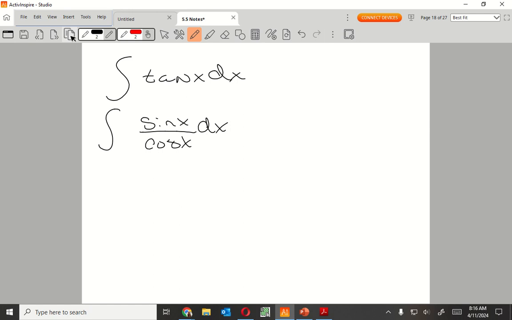So let's take the cosine. So u is equal to cosine of x. And what is the derivative of cosine x? Negative sine x. So du is equal to negative sine x dx.